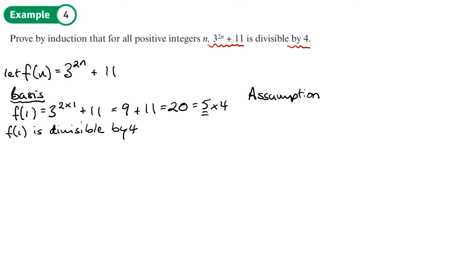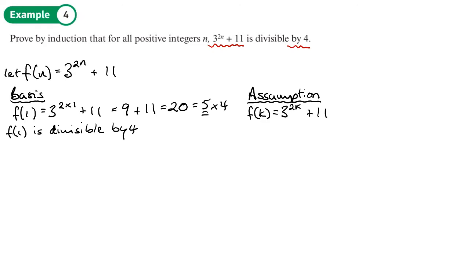And in the assumption step, we're going to assume that this statement is true for n equals k. So we actually now write down f of k equals 3 to the power 2k plus 11.